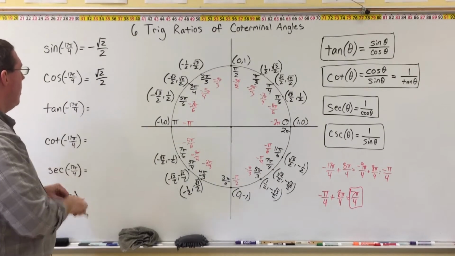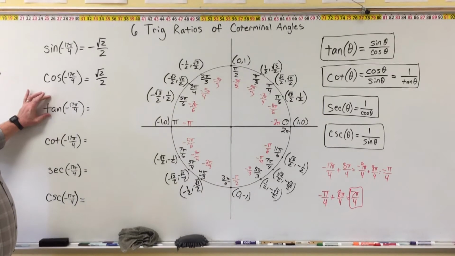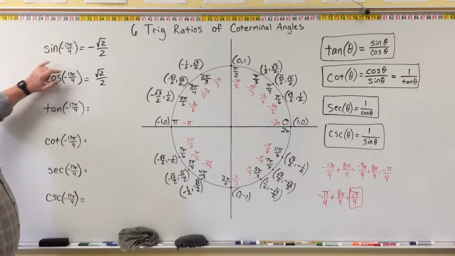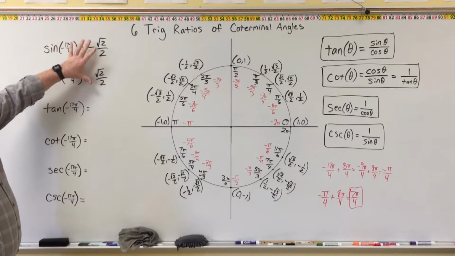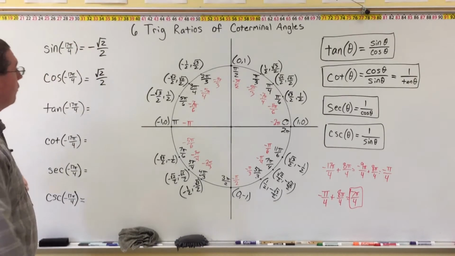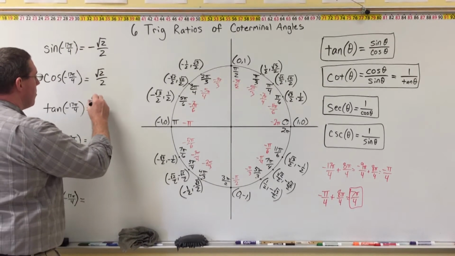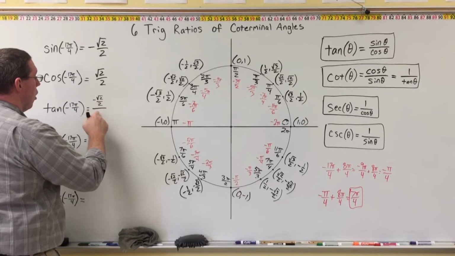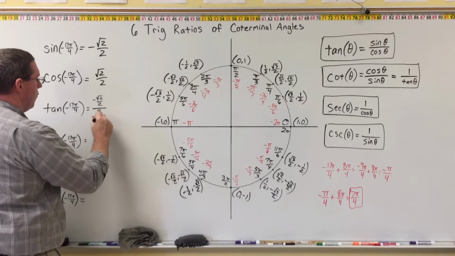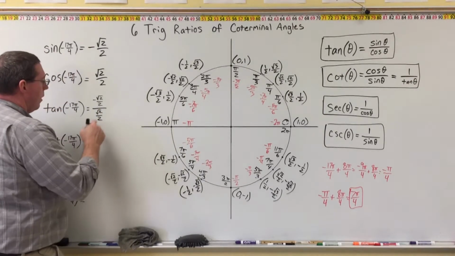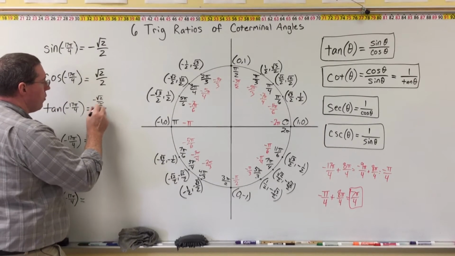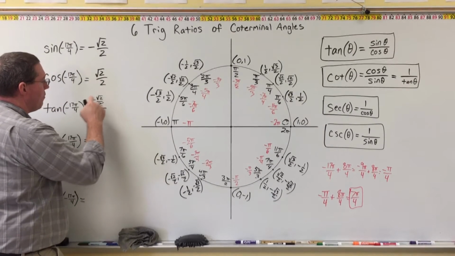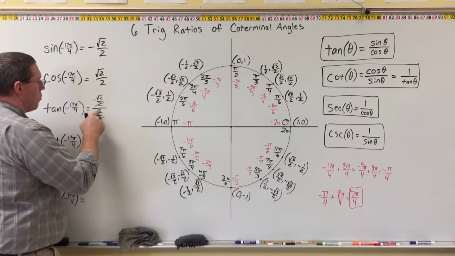All right? And now, to get tangent, we're just going to use the answers to sine and cosine from negative 17 pi over 4. Tangent is sine over cosine. Sine is negative square root of 2 over 2 over cosine, which is square root of 2 over 2. Now, we could cancel the 2's if you want to, and now we have negative square root of 2 over square root of 2.